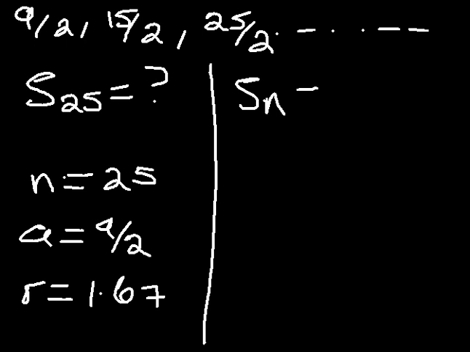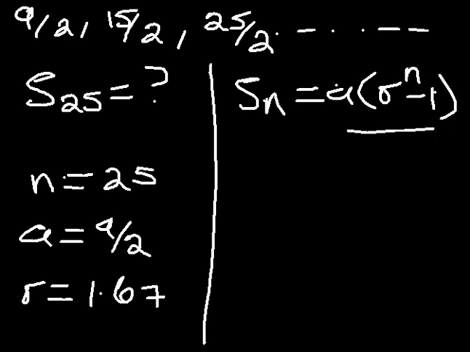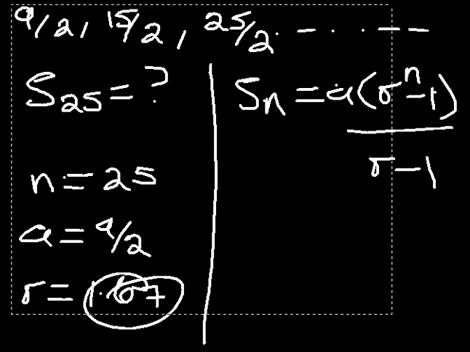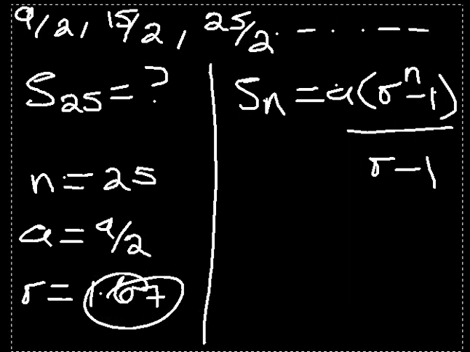Looking at the nature of the common ratio, it means we have the first term times r to the power n minus 1, divided by r minus 1, because the common ratio is greater than 1. So that's the formula we should use. You can pause the video and solve for that.